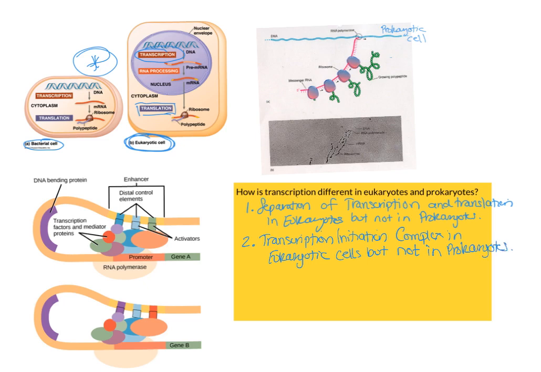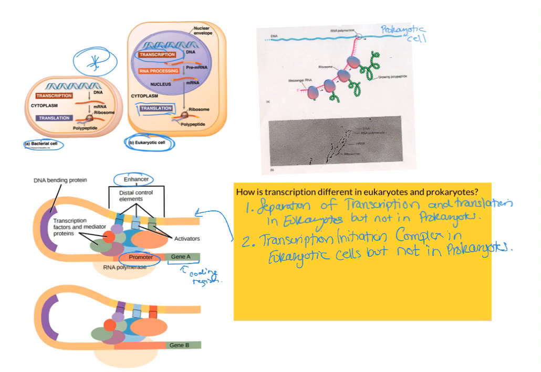Now we're going to talk about this transcription initiation complex next week, but this figure right here summarizes it. So you'll see some elements that we just talked about. We have the enhancer, we have the promoter, and then we have gene A, which in this case is referring to the coding region of this gene A.